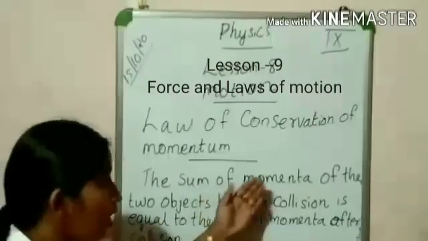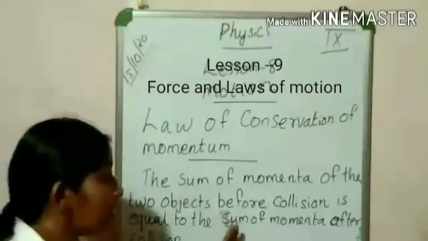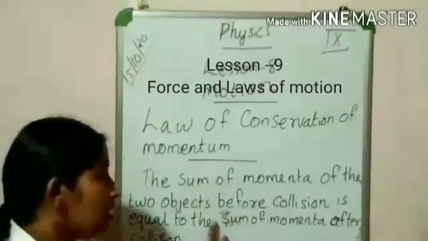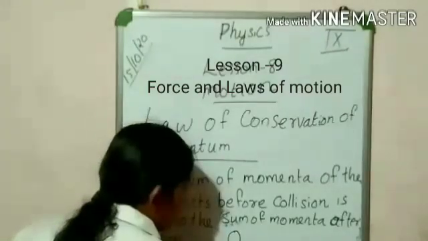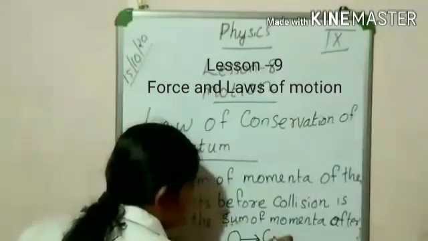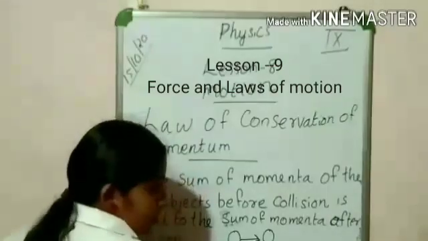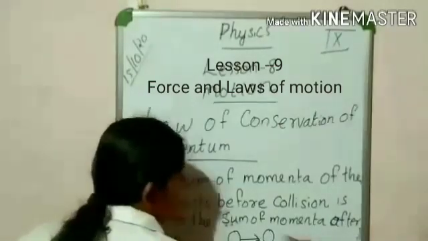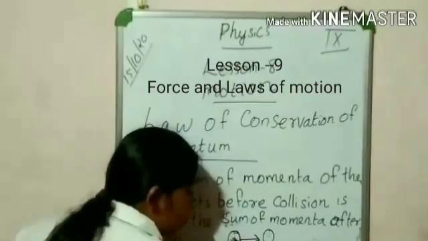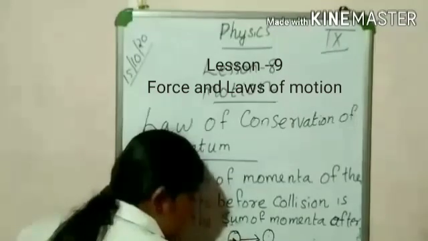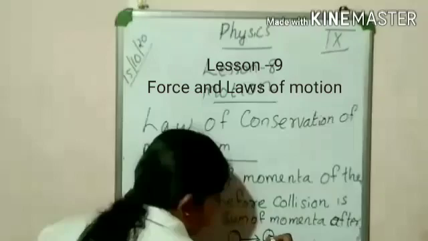In the former activity, when the ball A collides with the ball B, the ball A comes to rest and the ball B keeps moving. This is because the momentum of the ball A, or the force of the ball A, is conserved to the ball B.